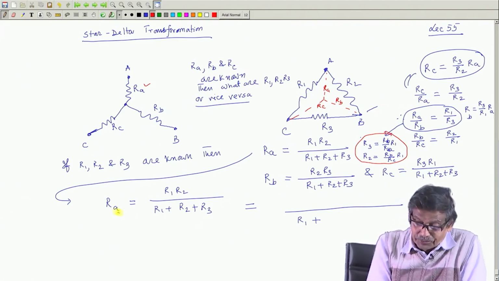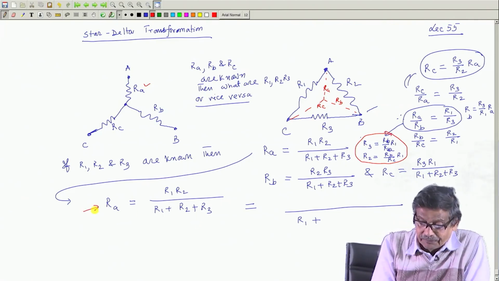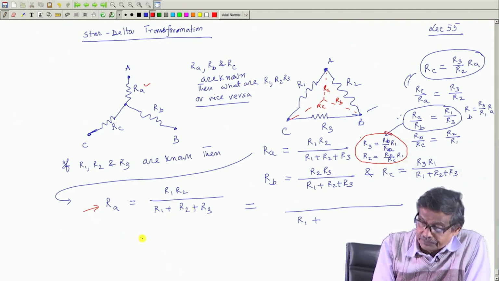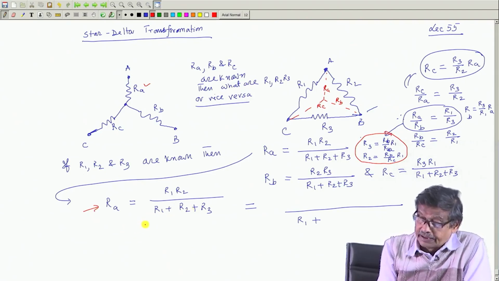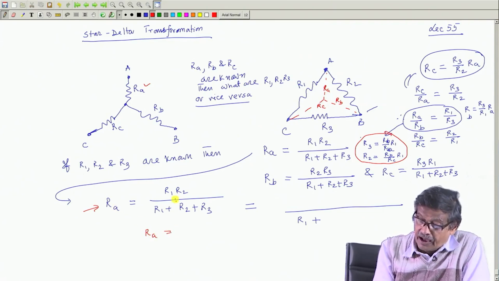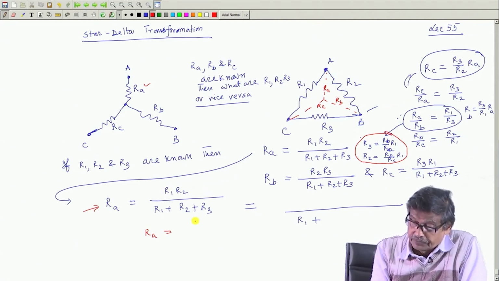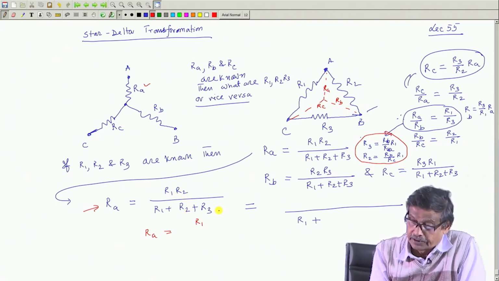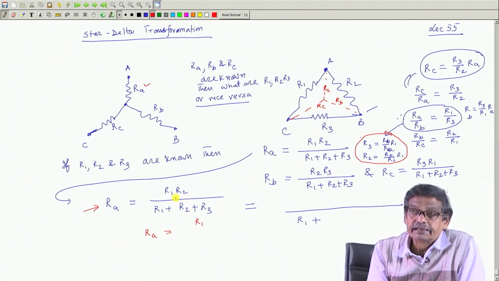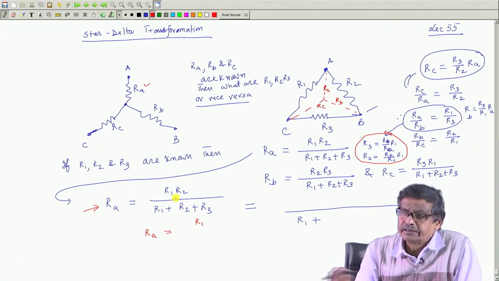Then I go to this equation, which has already been established, and I will say that RA is equal to, from this, R1 into R2. So, I will express everything in terms of R1 here, R2 and R3 in terms of R1, so that on the right hand side only R1 and RA, RB, RC will be there.